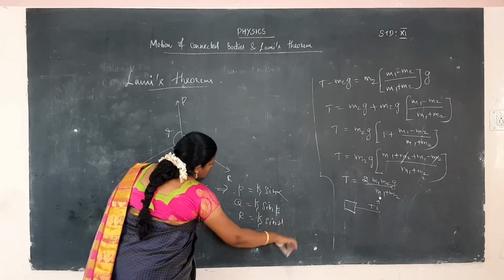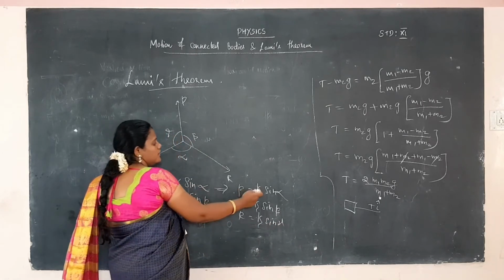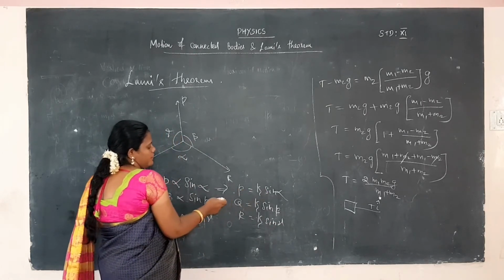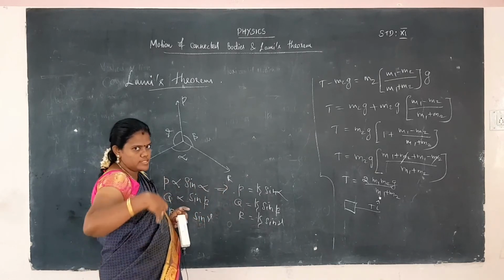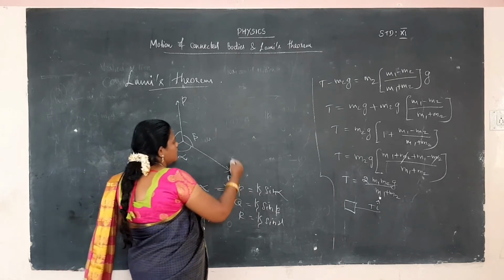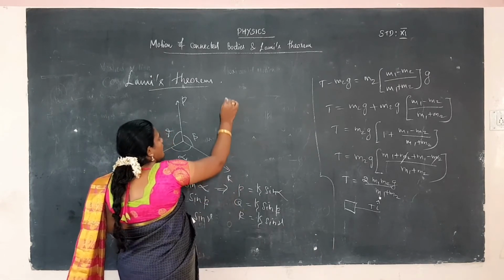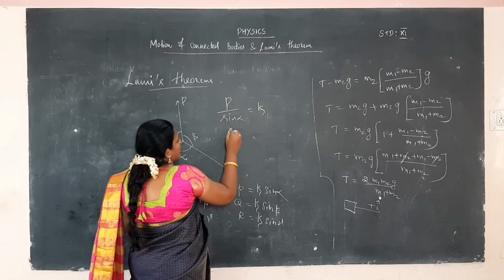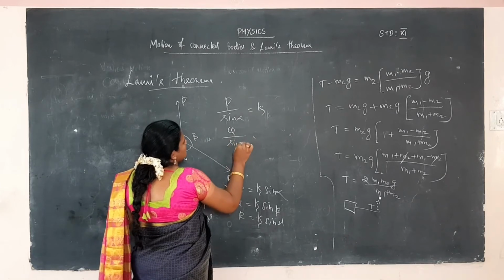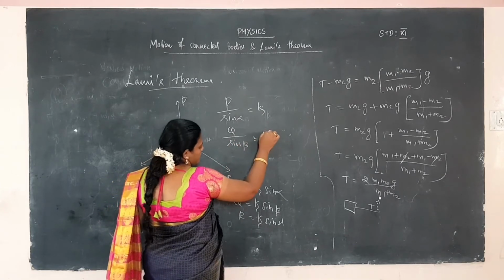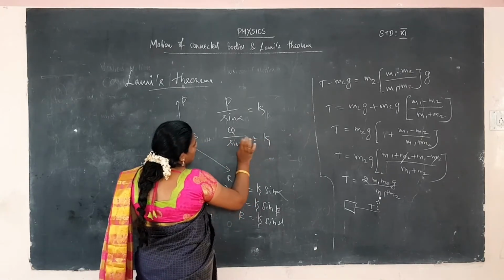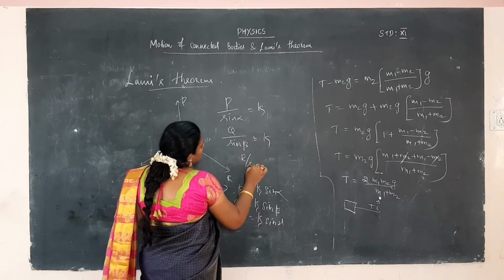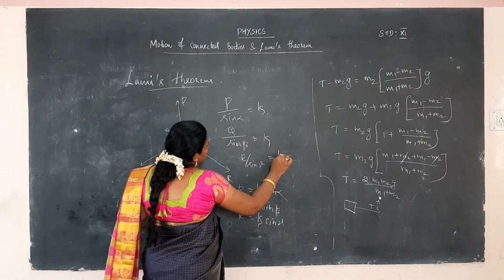We have to remove the proportionality by putting one constant. Taking sine alpha to the left side, P by sine alpha is equal to the constant, Q by sine beta is equal to the constant, and R by sine gamma is equal to the constant.